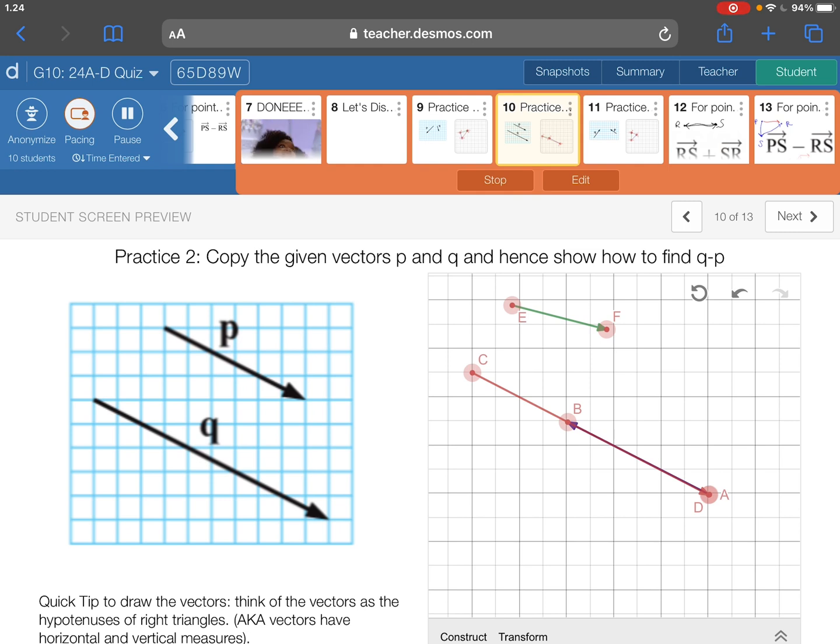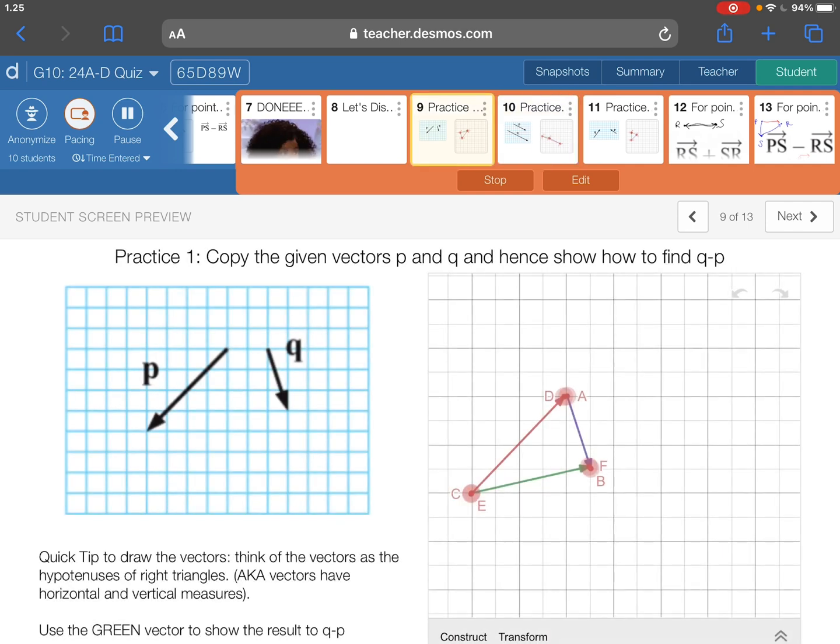We started at C and we're ending at B. So this should be your answer here. The vertical magnitude is 2 units, and the horizontal magnitude is 4 units. I forgot to mention this one here: the vertical magnitude is 1, and the horizontal magnitude is 5.